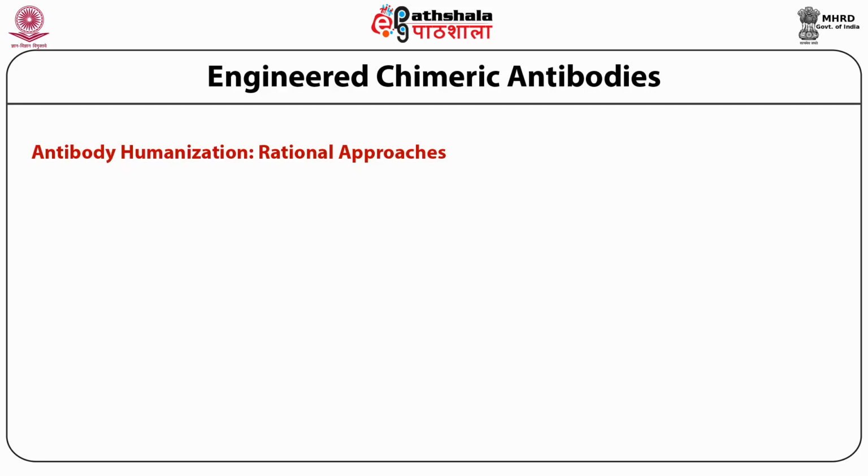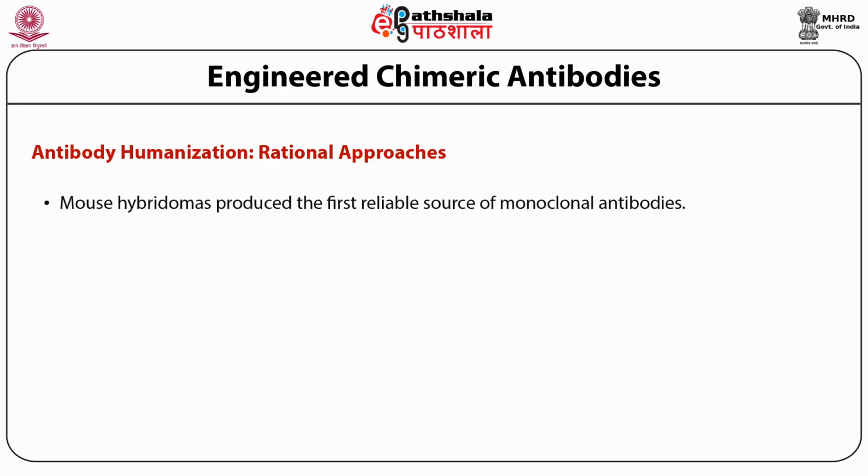So we are in a position to generate a clone of an antibody molecule, which we can afterward use as a therapeutic molecule. Mouse hybridomas can produce antibodies specific to human antigens, targeting various antigens and looking after various different conditions, and can be a reliable source of monoclonal antibodies.